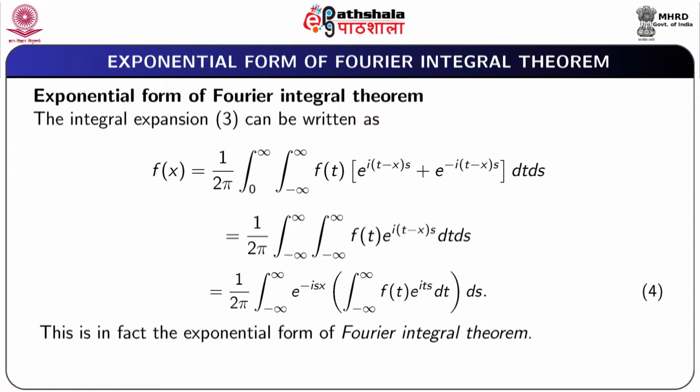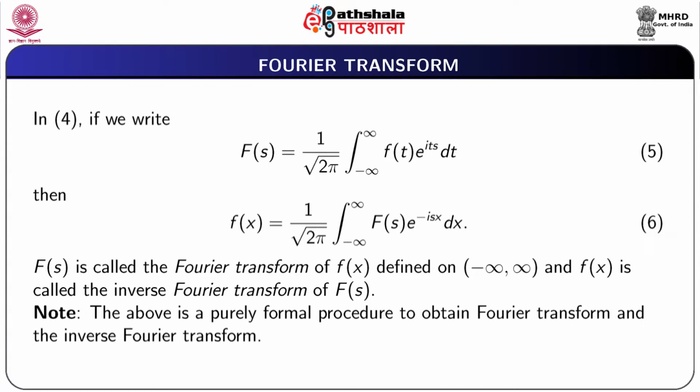From equation 4 we can see that small f(x) can be obtained as f(x) equal to 1 by root 2 pi integral minus infinity to plus infinity capital F(s) e to the power minus isx ds, as given by equation 6.